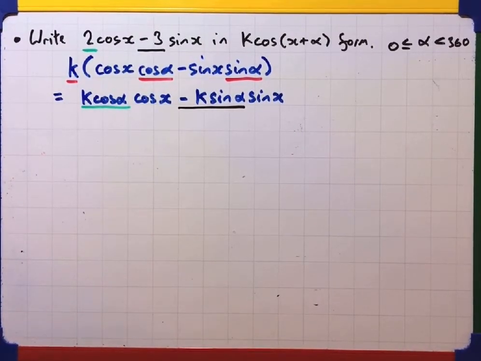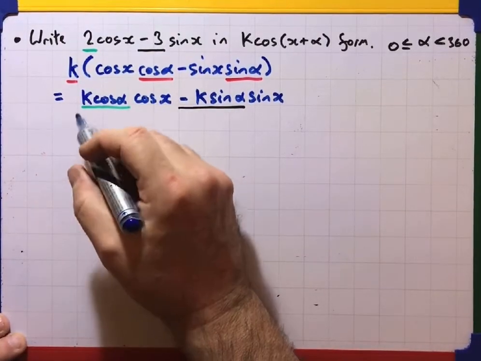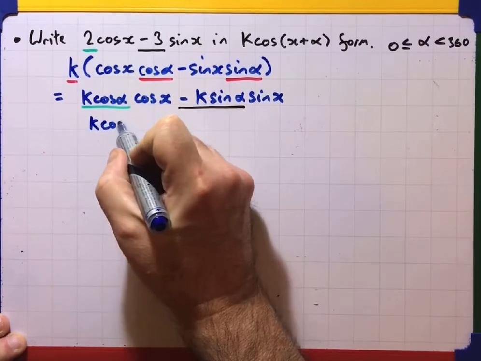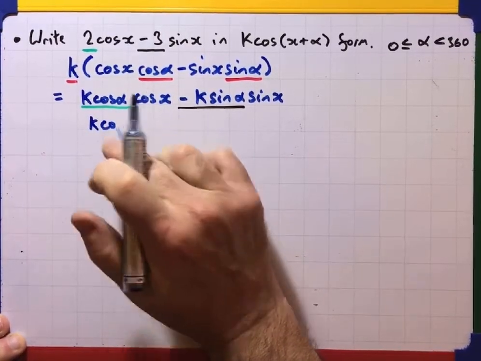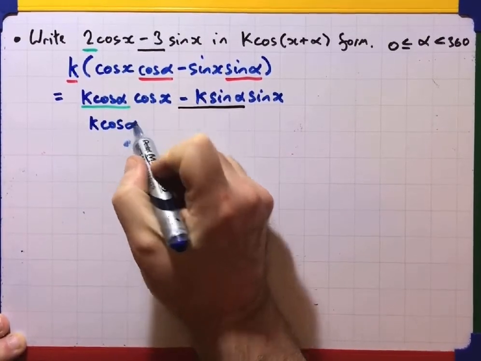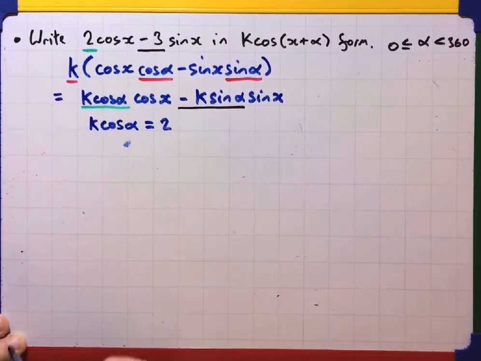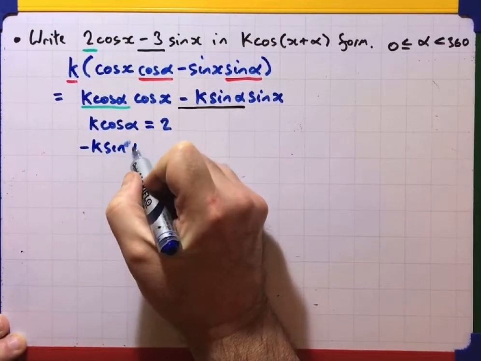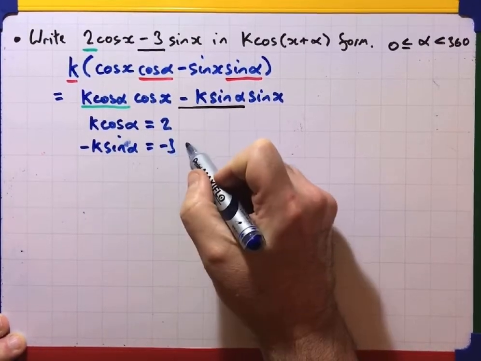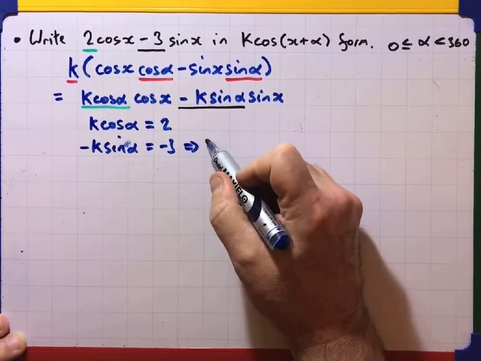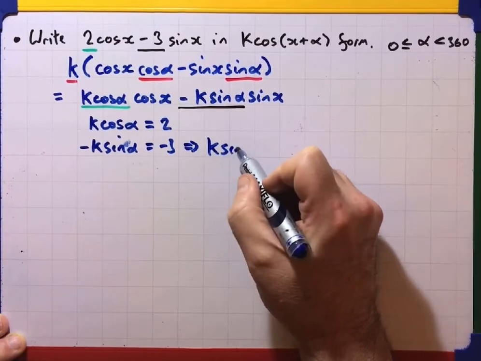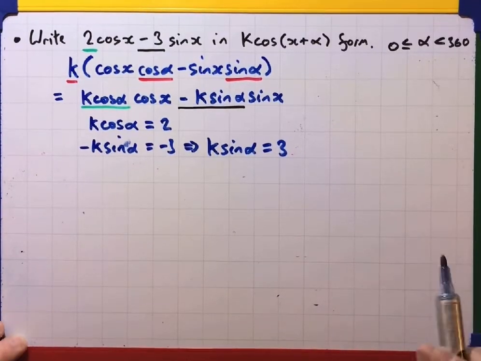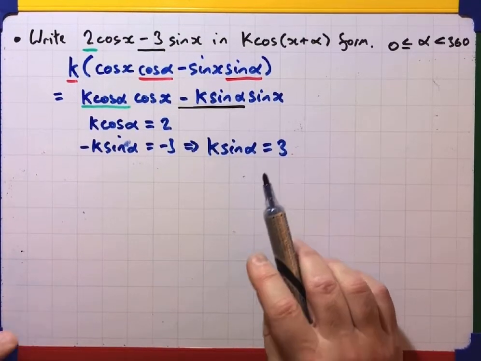So what we have here, and you'll recognize this from yesterday, is k cos alpha is equal to 2 and minus k sin alpha equals minus 3. Well, that's the same as writing k sin alpha equals 3. Now, this is exactly what we were doing yesterday.